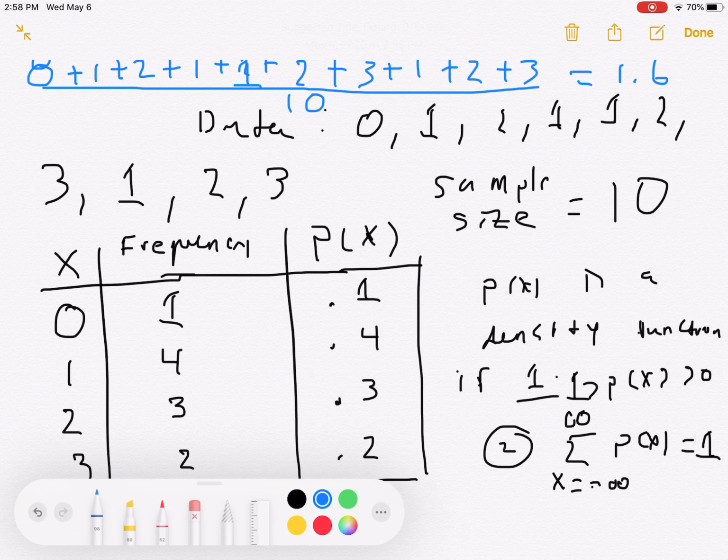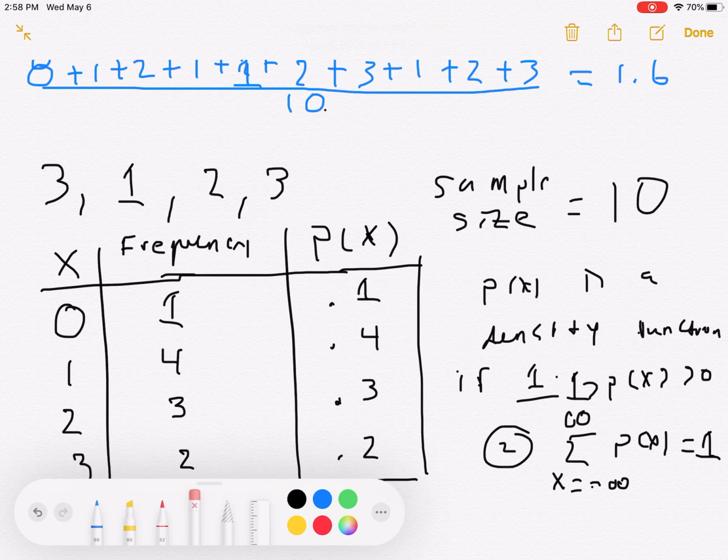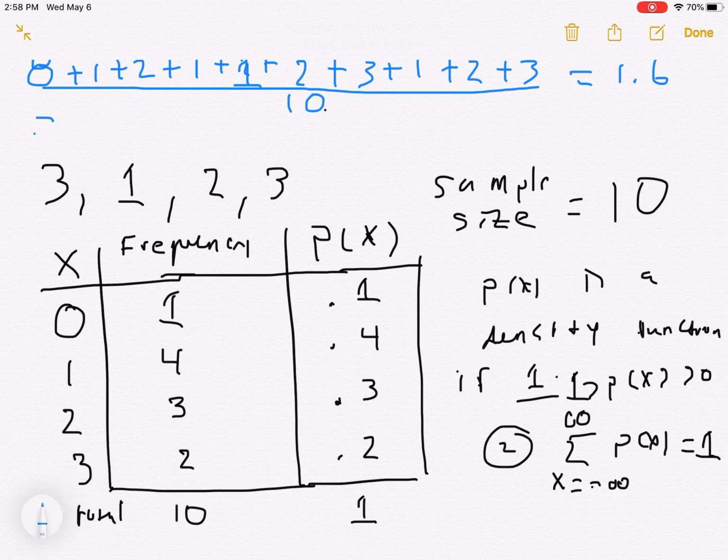Now I'm going to just rearrange that sum. And if I was to rearrange this, I'm going to group the zeros. Another way of looking at this would be 0 times 1 over 10. Then I'm going to group the ones.